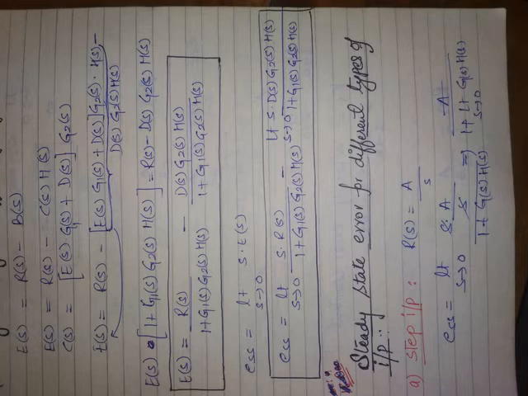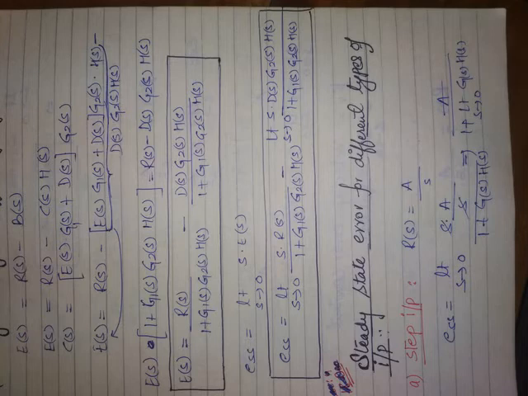Under two conditions only, error E of s, you write it as R minus B or R minus C. B you write when the feedback element H of s is specified as a sensor. Directly R minus C we can write if H of s is unity, and we are not sure that when non-unity elements are present every time whether it is specified as a sensor or a transducer. It may be specified or it may not be specified.